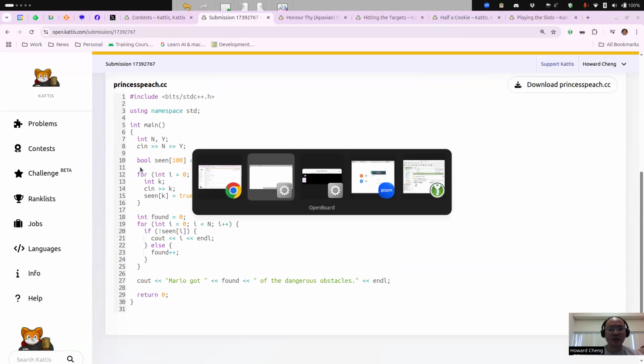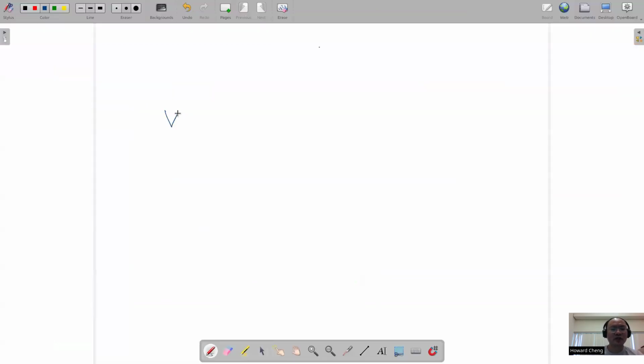Alternatively, you can use a vector called seen, and then you can say false like this, and this will initialize all of them to be false. Or if you want to initialize them to true, you can do true. Okay, anyway, that's just how I initialize it.